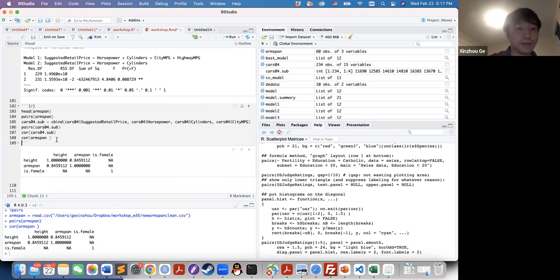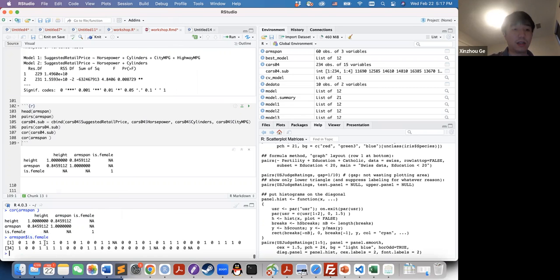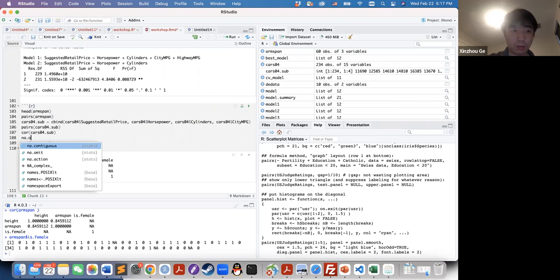Yeah, you are correct. One reason for this is that we have NA values in the dataset, because if we look at is.female, we can see that we have 3 NA values for this column. So what we can do to avoid this is to remove these NA values from the data. We can use a function called na.omit.